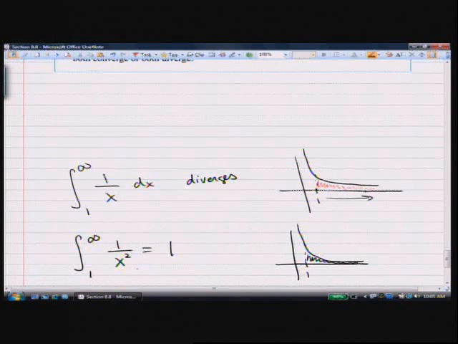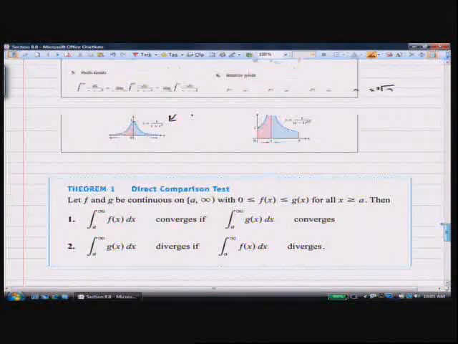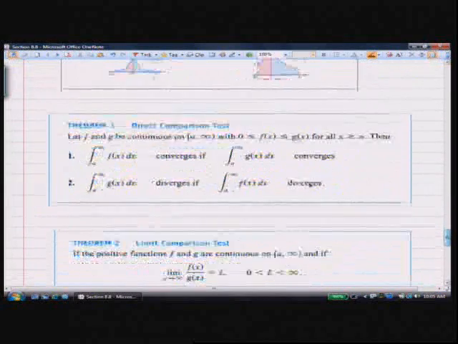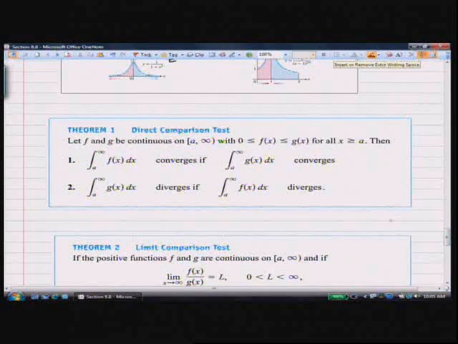And in the same sense, x to the negative 1 diverges, so x to the negative 2, which will always be bigger from 1 to infinity, must also diverge. So that is the direct comparison test. So let's do an example of the direct comparison test.